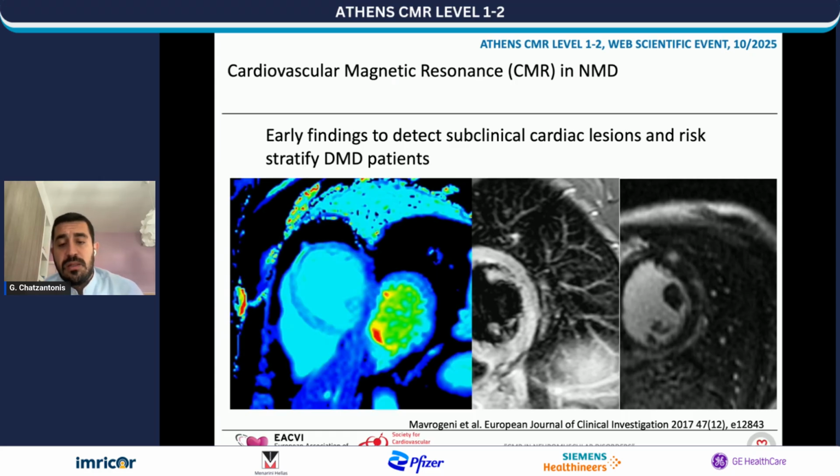And this can help us assess the patient. The old methods and the new that are not new anymore, I think, and are in everyday practice, the mapping T1 and T2, help us also have a quantification and assess patients that have a CMR follow-up.